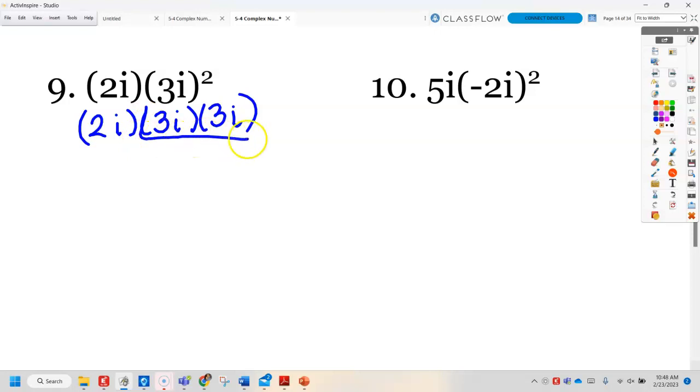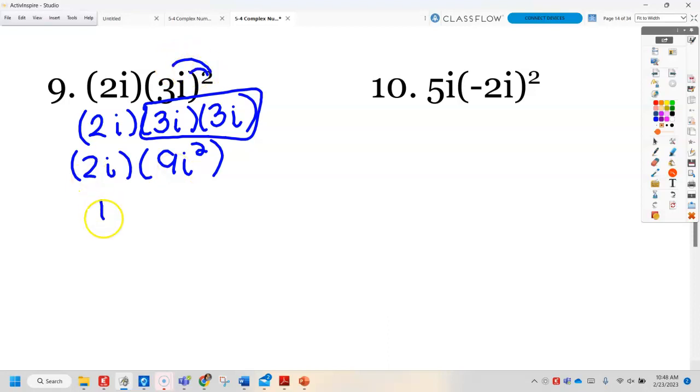So again, this term here becomes 9i squared. Order of operations says exponents first, but that exponent goes to both terms because it's really the same as saying that.